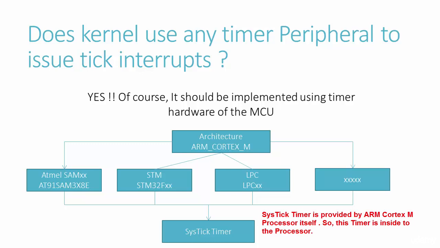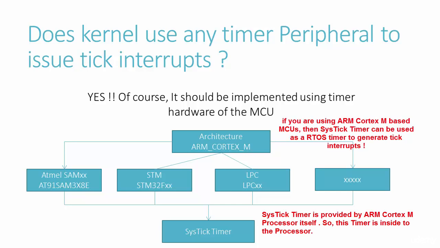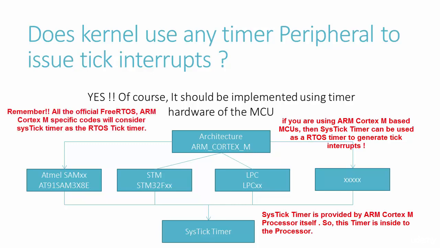So if you are using ARM Cortex based MCUs, then you can use this timer peripheral to generate the kernel tick interrupts. All the FreeRTOS official ports for Cortex processors use SysTick as the kernel tick timer, or OS tick timer, to generate the tick interrupts.